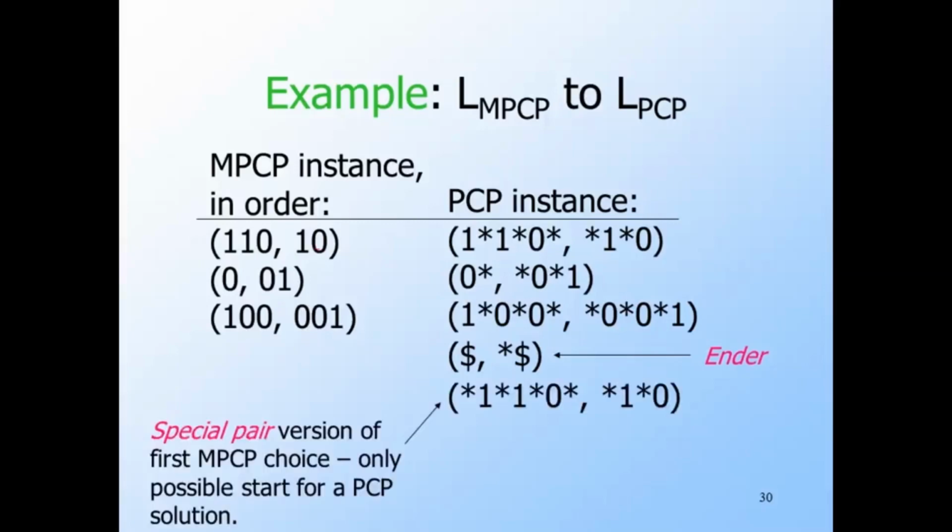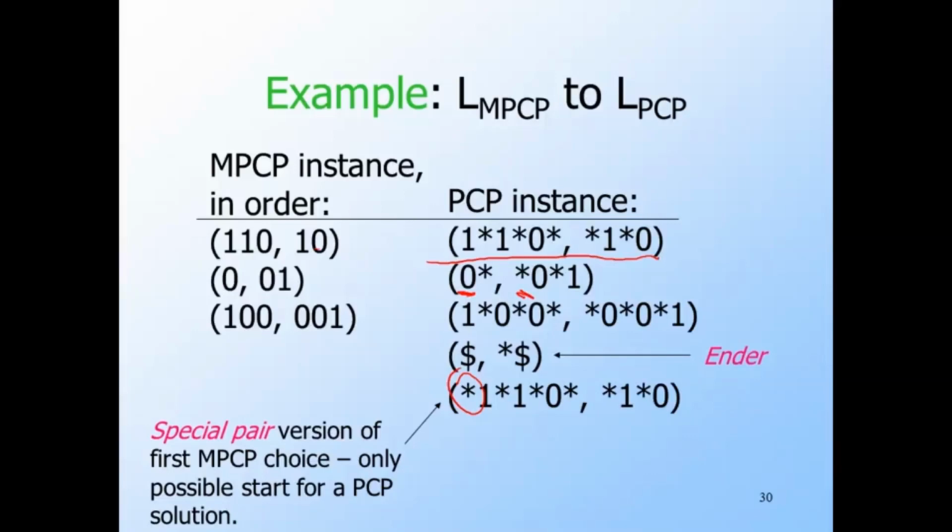And this pair also comes from the first pair. It is just like the first pair of the PCP instance, except for the star at the beginning of the first string. Notice that this is the only pair in the entire PCP instance where both strings start with the same symbol. For example, this pair has 0 as the first symbol of the first string and star as the first symbol of the second string.